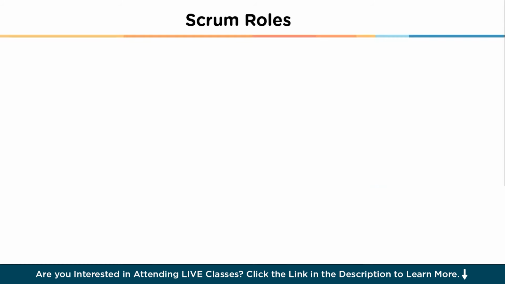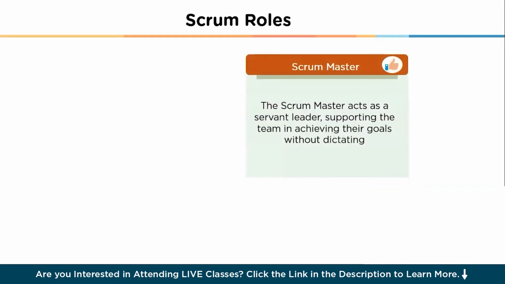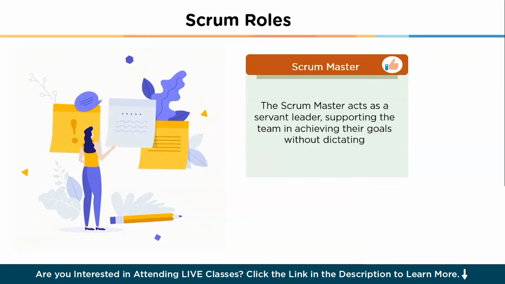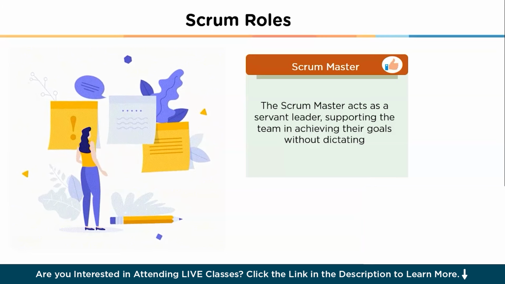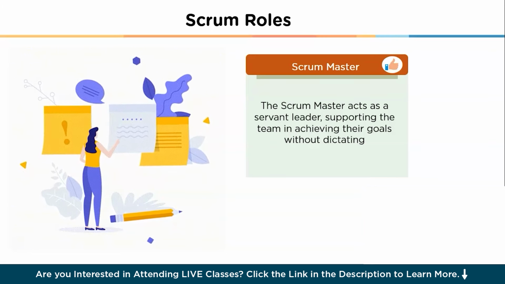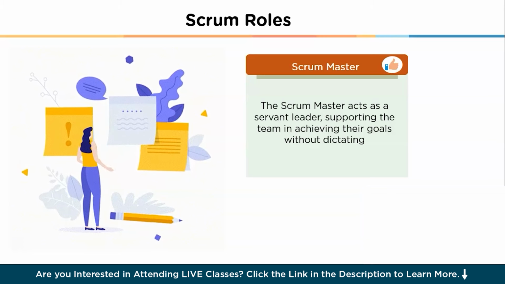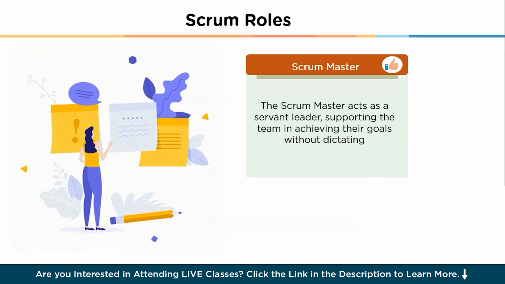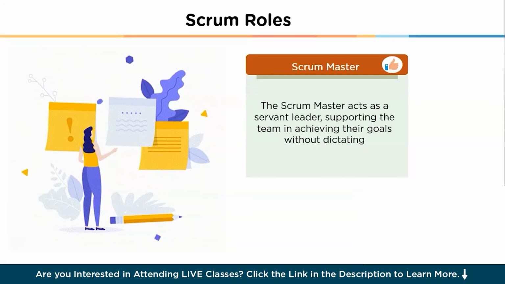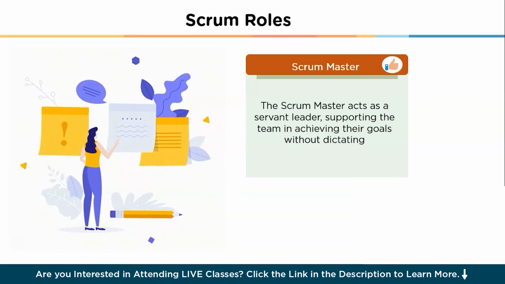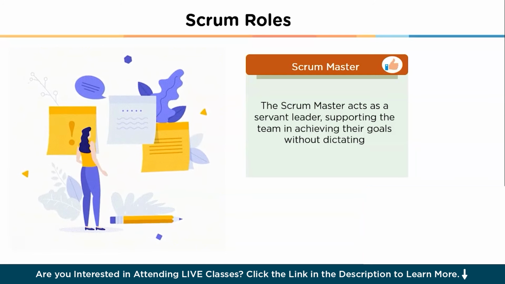The next role we have is the Scrum Master. The Scrum Master is a facilitator and coach who ensures that the Scrum framework is followed effectively. This role involves removing obstacles that hinder the team's progress, promoting a culture of continuous improvement, and fostering collaboration. The Scrum Master acts as a servant leader, supporting the team in achieving their goals without dictating how they should work.